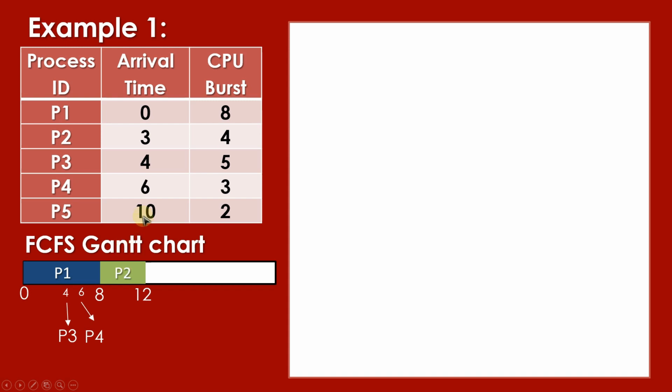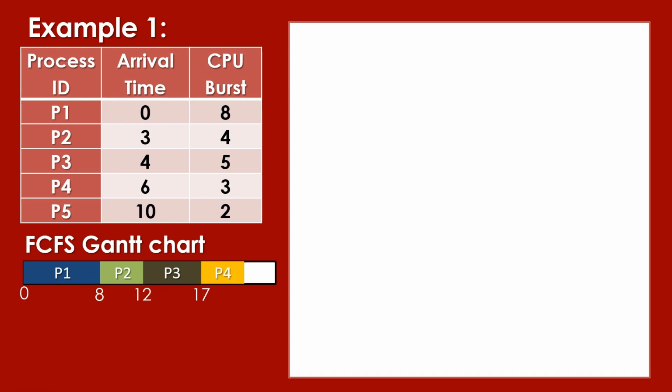So, at time 10, dumating na rin si P5. Pero, meron pa rin sa pila yung si P3 and P4. So, ang next na mapaprocess is si P3. Ang CPU burst ni P3 is 5. So, we have 12 plus 5, that is 17. Then, next sa pila is si P4.